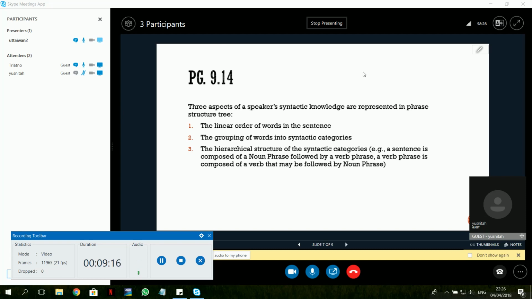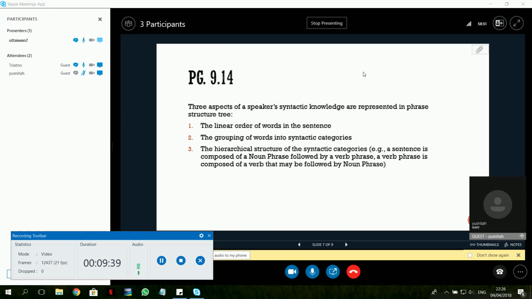Jadi, the grouping of word into syntactic categories. Jadi, fungsinya kita belajar sintaktik itu, contohnya dari kalimat the child put the puppy in the garden. Di sini yang masuk content word adalah child, put, puppy, garden. Ya kan?